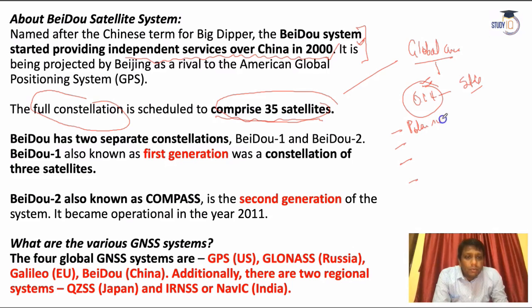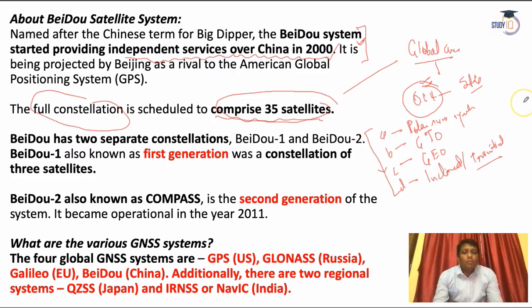The second is geosynchronous transfer orbit. The third is geosynchronous earth orbit, and the fourth option is an inclined or transitional orbit. So it's again a very good question for your paper. You tell me what will be the correct answer.